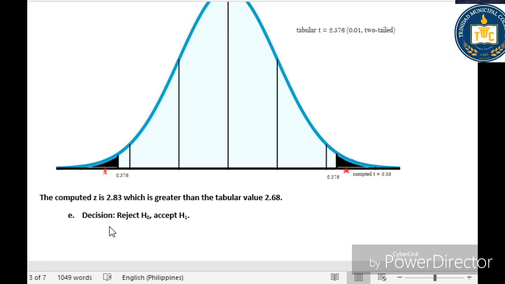Okay, so our last step, we need to make our decision. Since the computed z is 2.83, which is greater than the tabular value, which is 2.65 at the level of significance of 0.01 two-tailed, our decision is to reject the null and accept the alternative hypothesis.